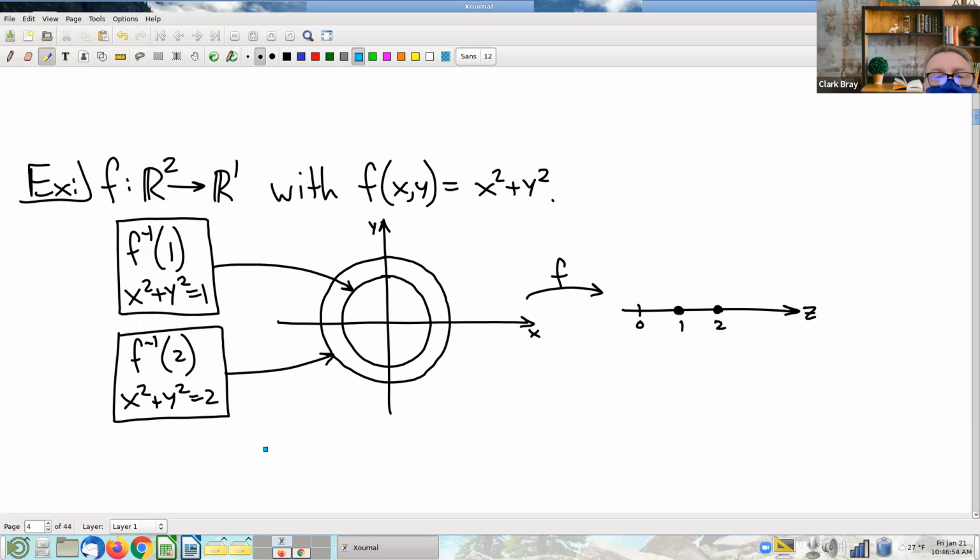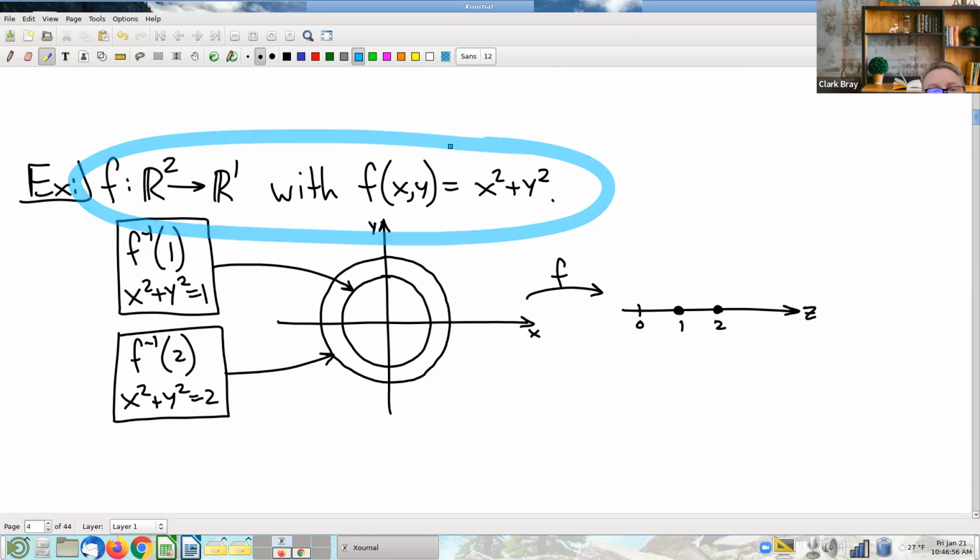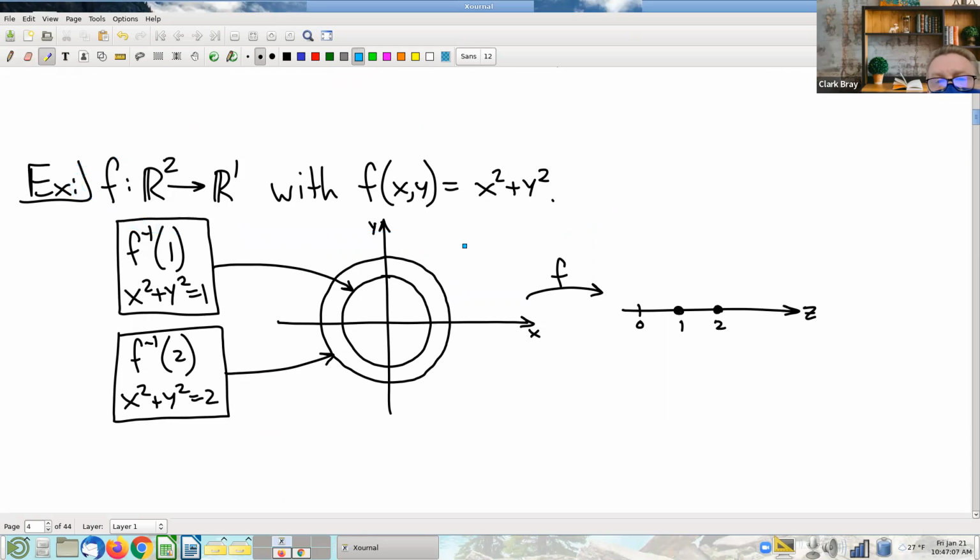Okay, so nice starter example. Here we have an innocent looking little function from R2 to R1. Two variables in, one variable out. And let's draw some level sets. So keep in mind the idea of a level set is I fix an output value, and then I ask, what are the points in the domain that hit this output value?